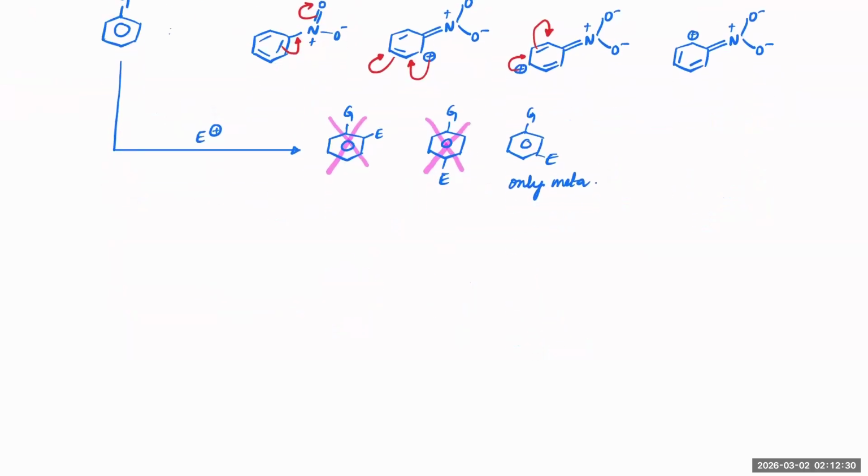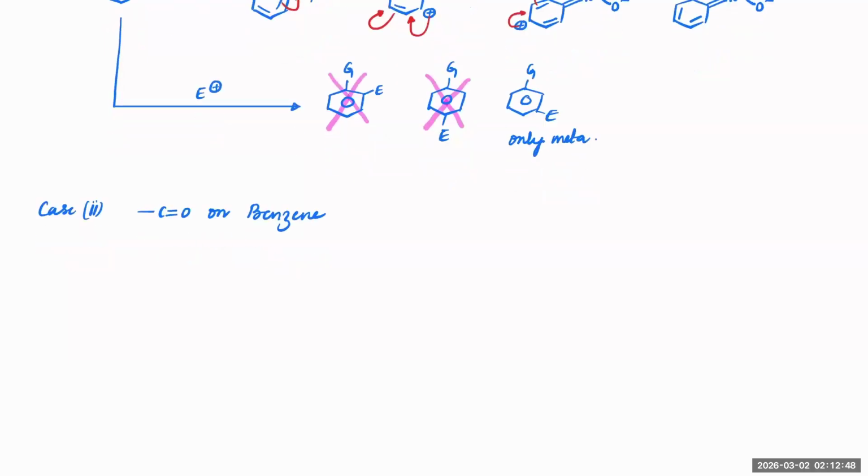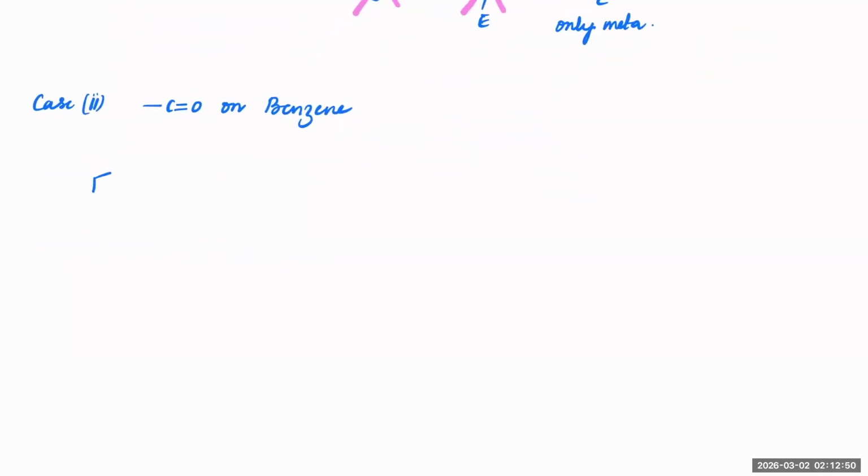Case 2, if you have any C double bond O group connected on benzene, then you will have the same logic, the same problem here.